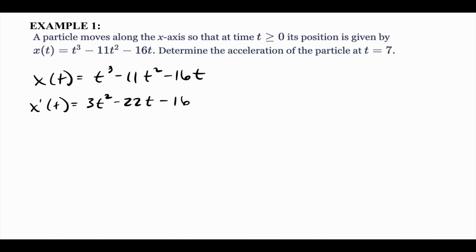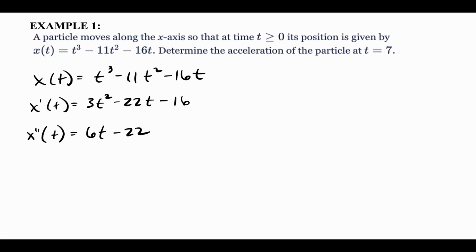Second derivative, 6t minus 22. So acceleration is the second derivative of position, the first derivative of velocity, or sometimes we just call it a of t. Okay, so if you see a of t, it means the same thing.